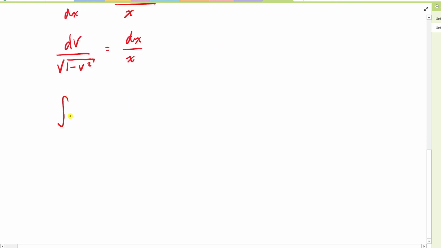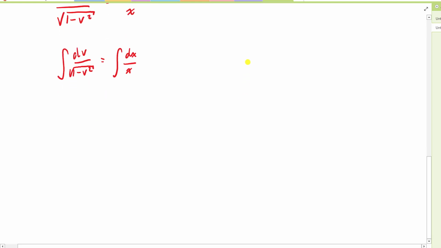Integrating both sides. On the left-hand side, do you remember what that is? What function, when we took its derivative, was 1 over the square root of 1 minus the variable squared? That was the arcsine.